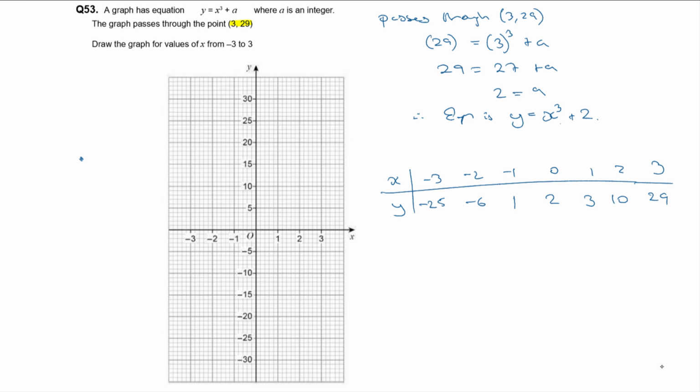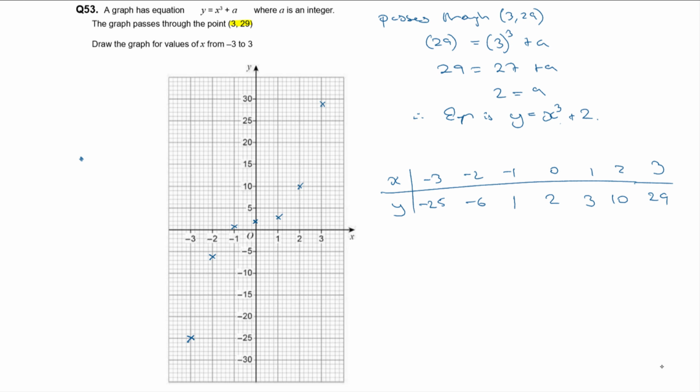So now I just need to plonk them down on the graph, don't I? So at -3 I've got -25, down here, and then at -2, -6, it's going to be here, -1, 1, there, 0, 2, and then 1 goes with 3, and then 2 goes with 10, and then 3 goes with 29, like that.